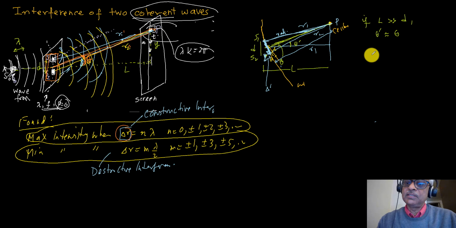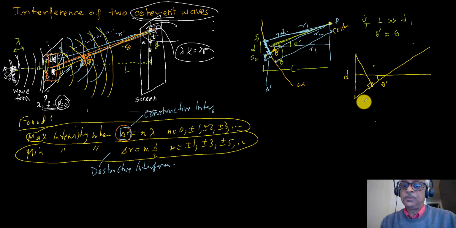So now let me redraw. This is D, and redrawing it, this distance is delta R, and this is 90 degrees, and this was theta prime from there.